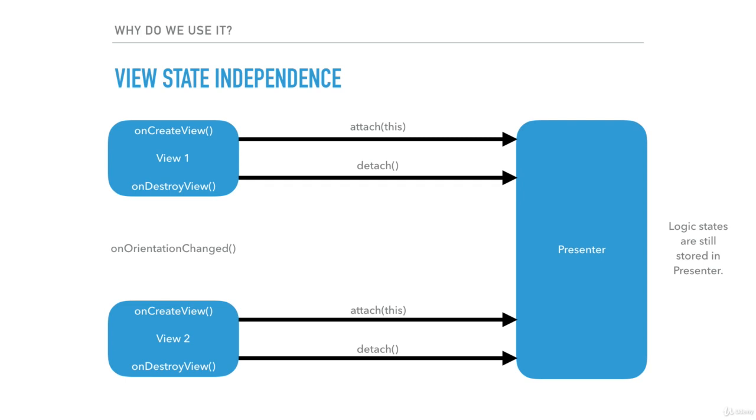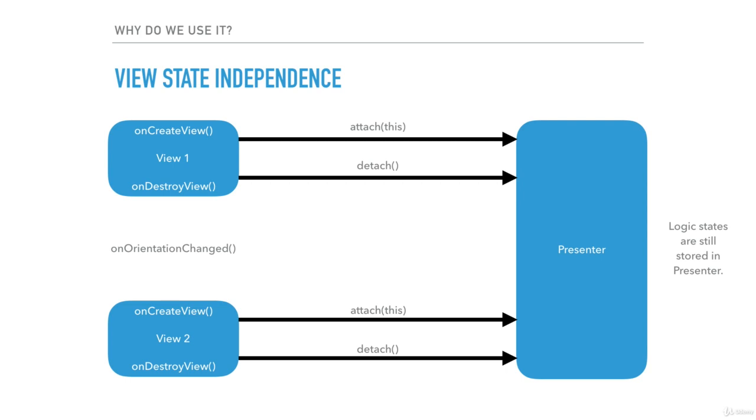So now, for example, on orientation changed is called. This is what happens if you rotate your phone. And then the old view, the view1, is destroyed, and the landscape layout is loaded, and a new view is created, the new landscape layout. So then we can just say, okay, our view2, we're gonna attach this to the presenter.